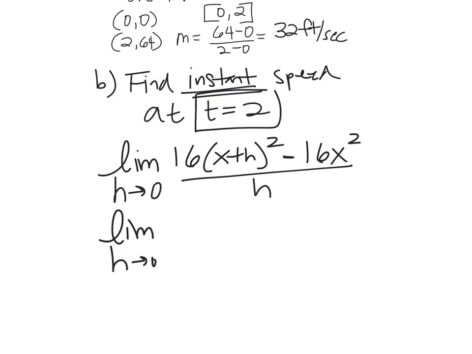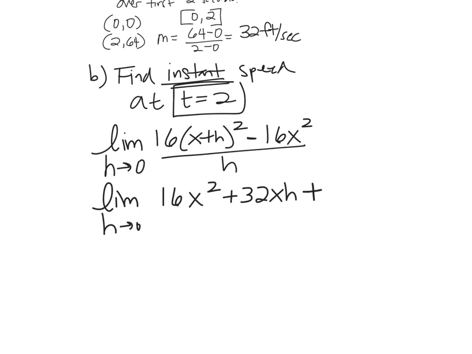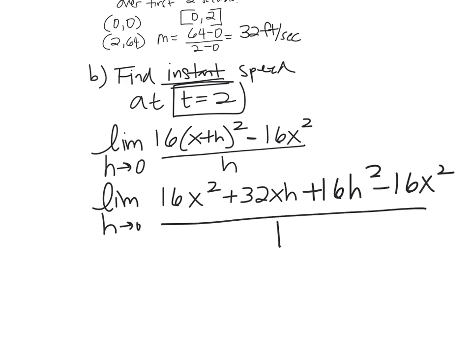So I get x squared times 16 is 16x squared. My middle term is 2xh times 16, which would be 32xh. And then my last term is h squared times 16, which is 16h squared. And this is minus 16x squared all over h.